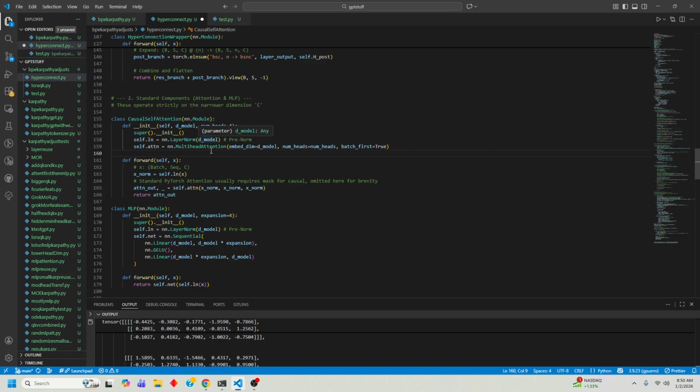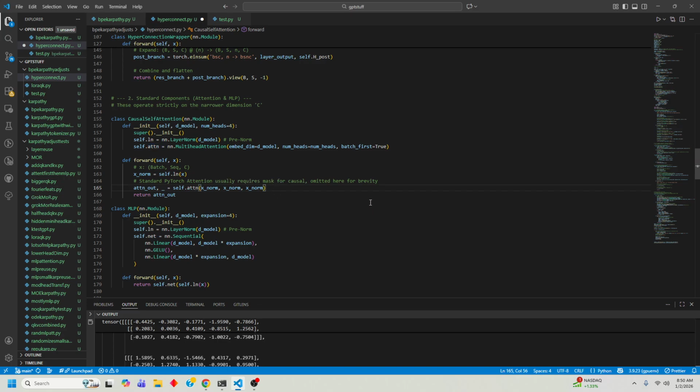So you have the layer norm, multi-head attention. Doing the forward, you'll have the norm, self.layer_norm, and your attention will be... I actually don't know the inputs you need here.